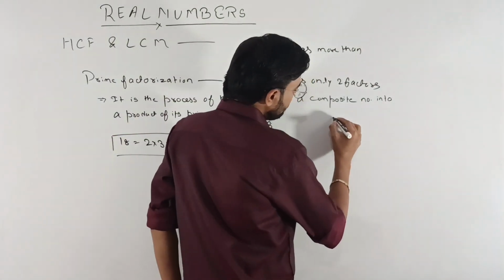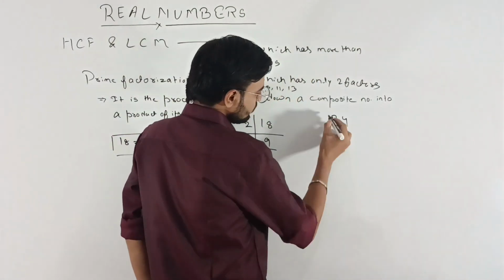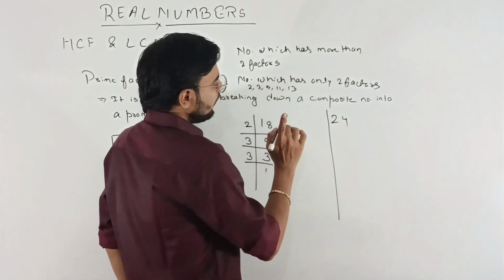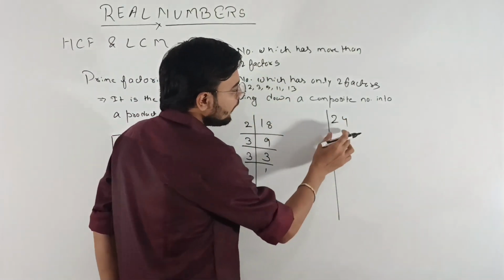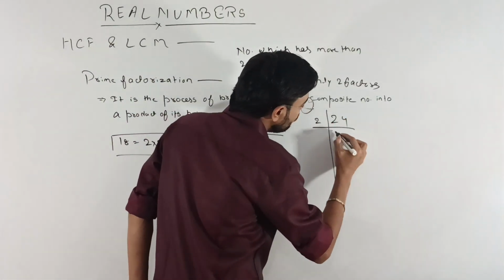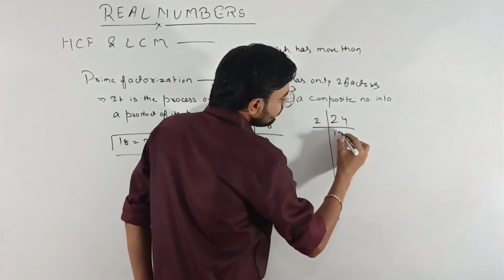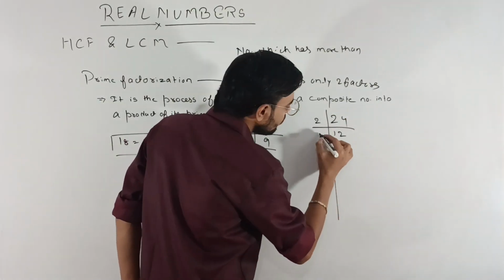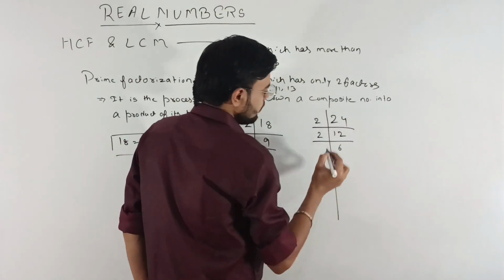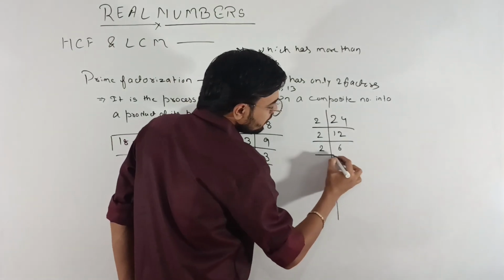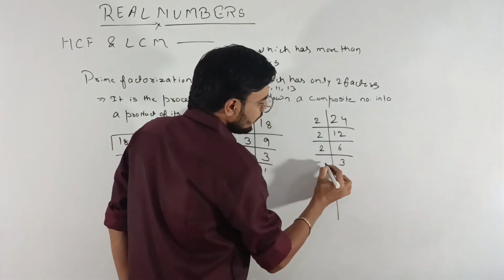Suppose I have 24. First I check with 2. 24 is divisible by 2, then 2 12s are 24. 12 is again divisible by 2, then 2 6s are 12. 6 is again divisible by 2, then I write 3.